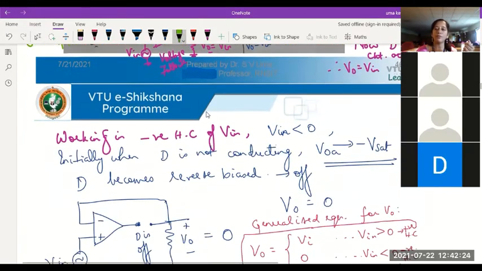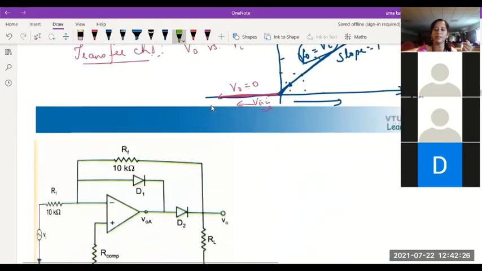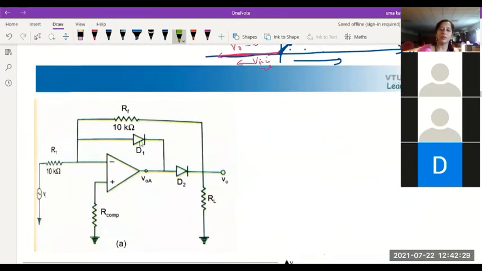For that, what we normally do when we design a practical circuit is include another additional diode. So a practical precision half wave rectifier will make use of another additional diode, which you can see here.